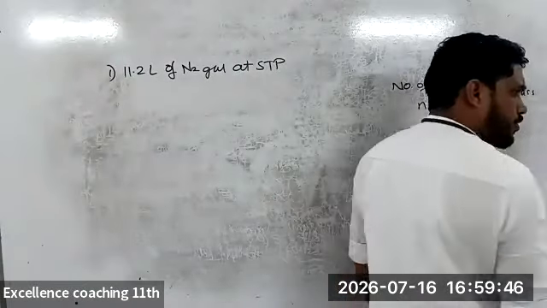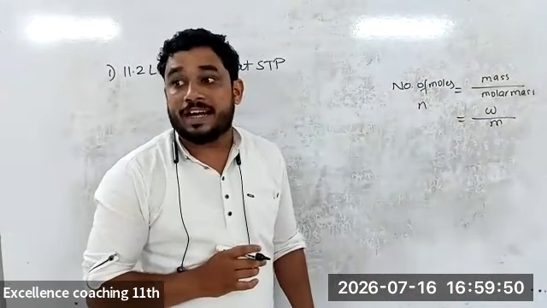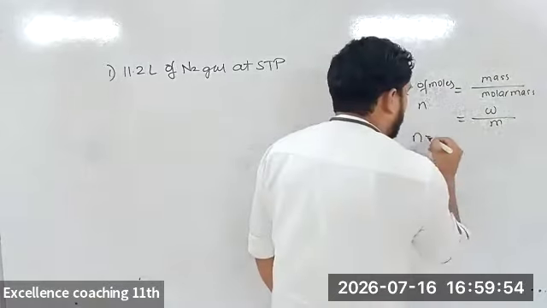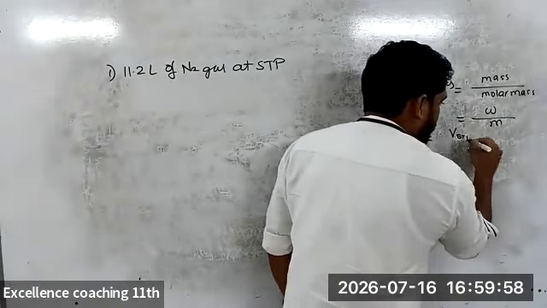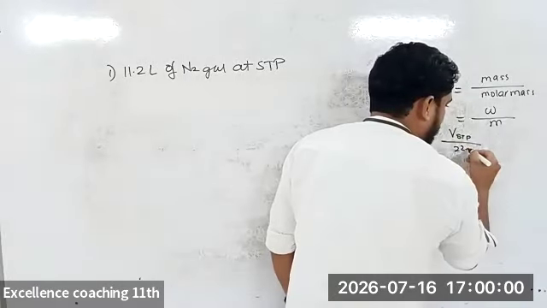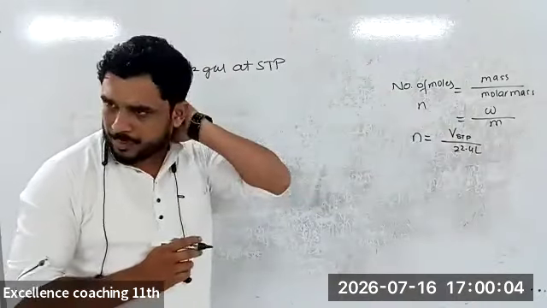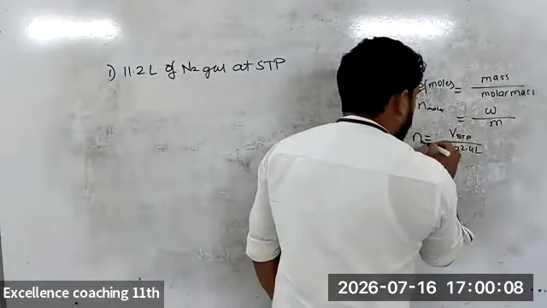Capital M is also used for molarity. The second formula is number of moles equal to volume at STP upon 22.4 liters. Here also number of moles.